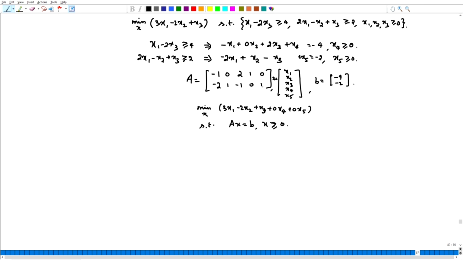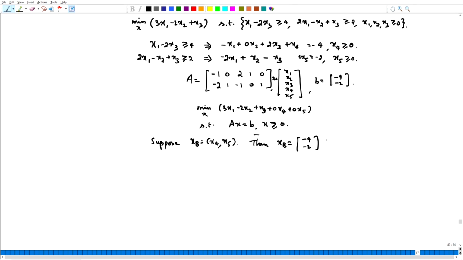Suppose xb equals x4 x5. Then xb is equal to B inverse b. B is just 1 0 0 1, that is I, so it is just b, which is minus 4 minus 2.